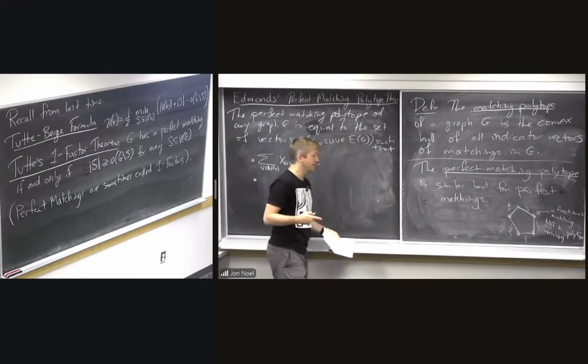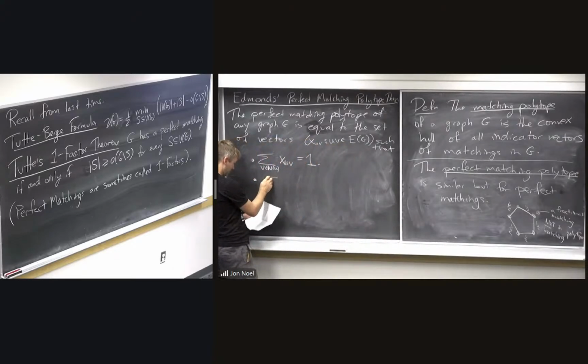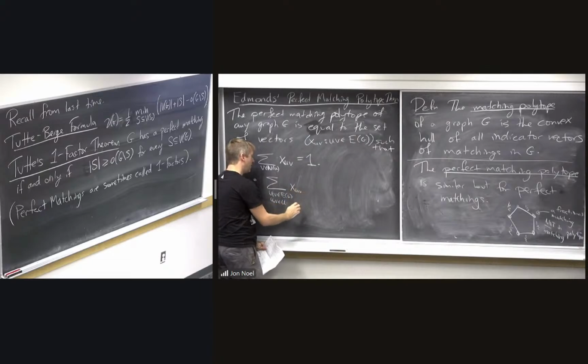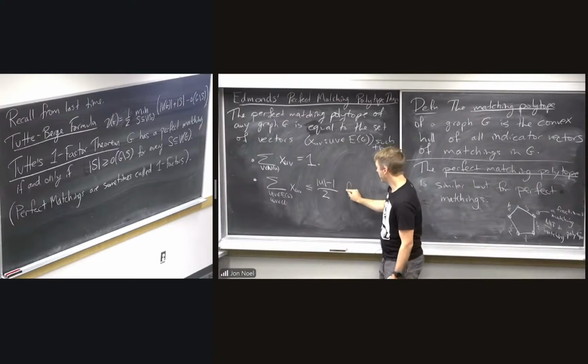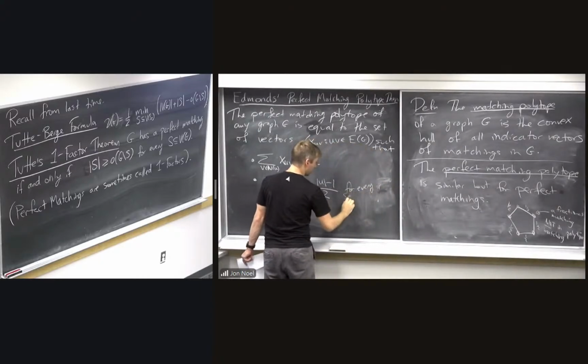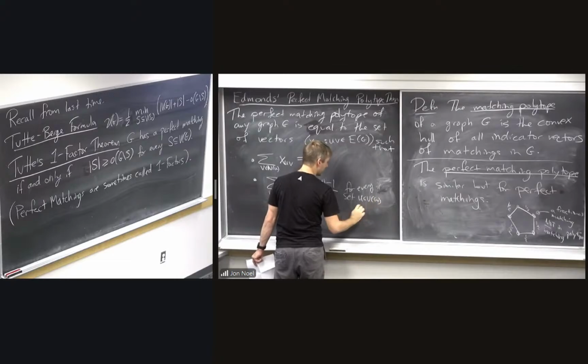So we need another constraint, which says that if I sum over all edges in the graph which are contained in U, where both endpoints uv are in U, and I take x_uv, that has to be at most the size of U minus 1 over 2, for every odd set U of vertices.